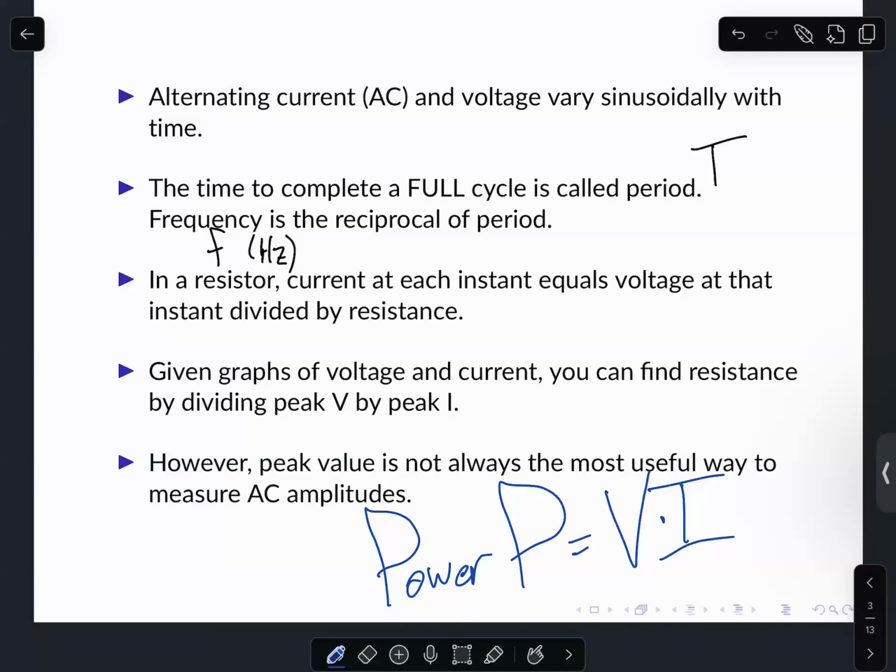By the way, when the AC signal goes to the negative maximum, you've got negative max voltage, negative max current. There's still power. There's a lot of power. There's just as much power as at the peak of the sine wave signal.